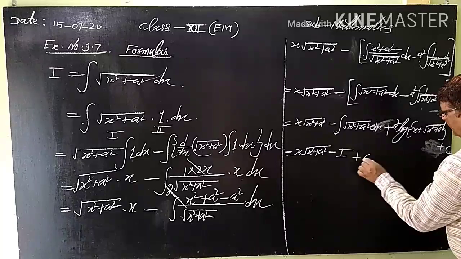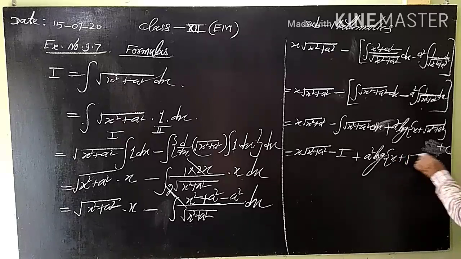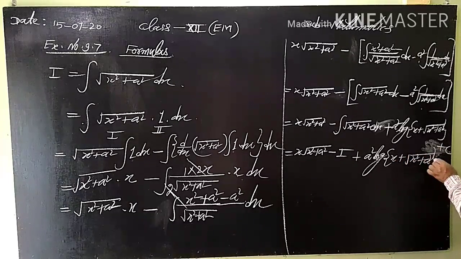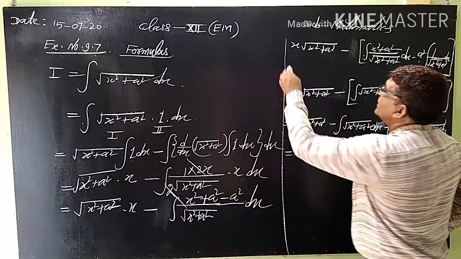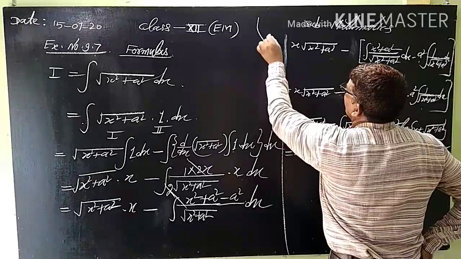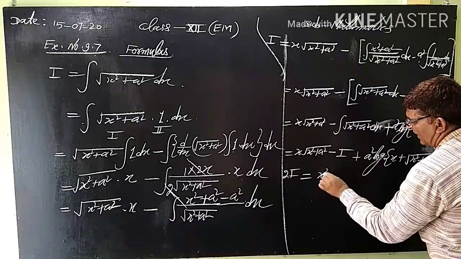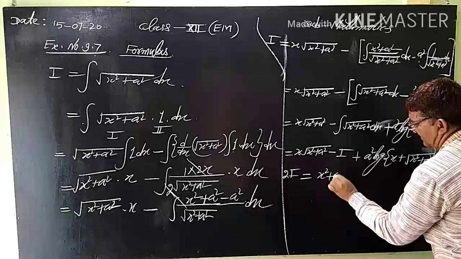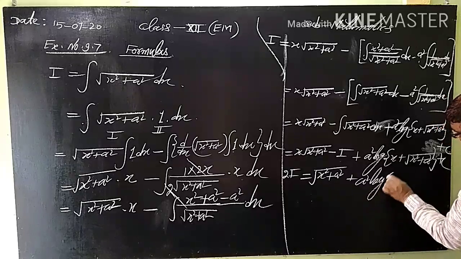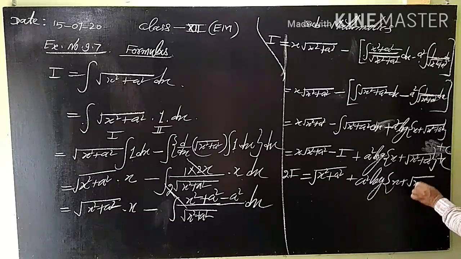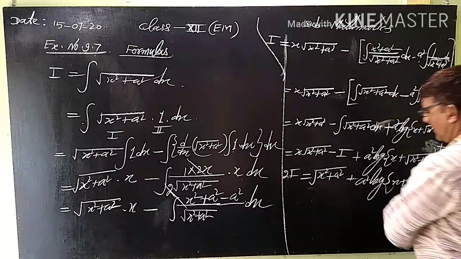And the next term is a square log of x plus under root x square plus a square plus c, and I. This is also equal to I, then it will become 2I equal to x under root x square plus a square plus a square log of x plus under root x square plus a square plus c, and 2 can be divided.